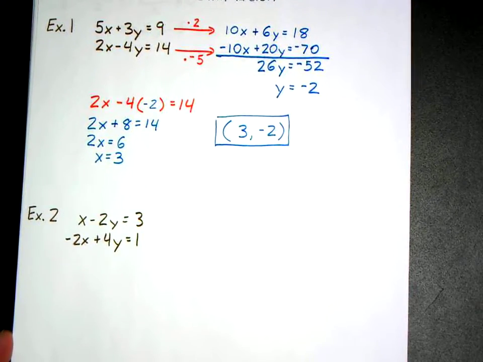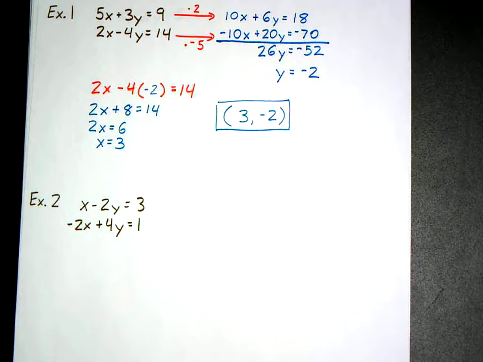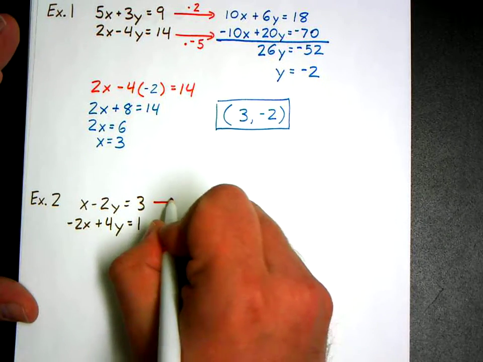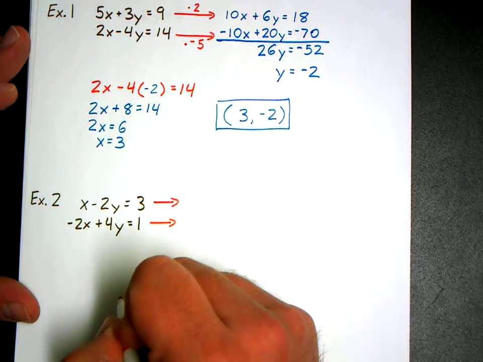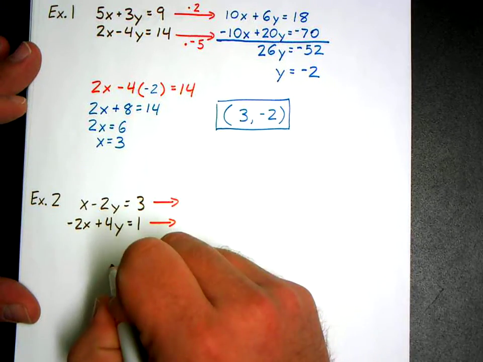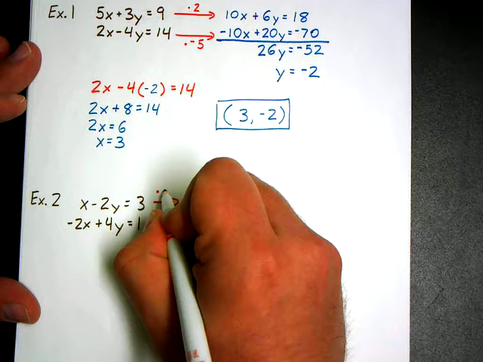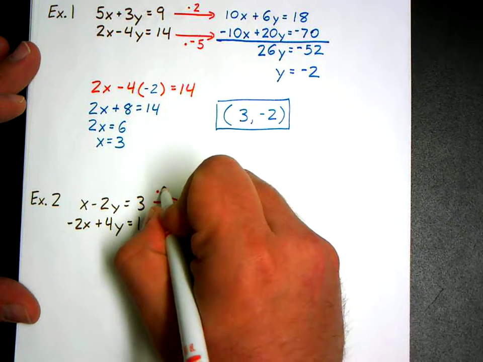Okay, so example 2, if we work through that one, so I could just multiply the top equation times -2, or sorry, just times 2.